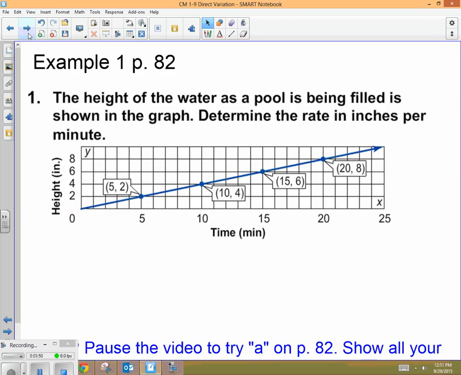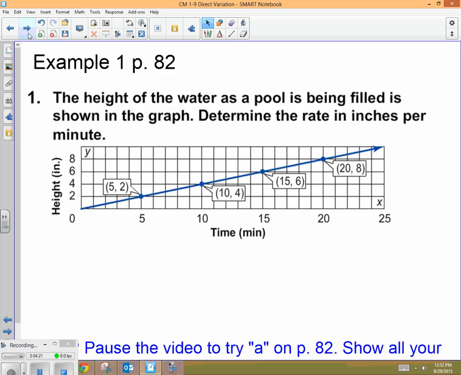Okay, Example 1, page 82. The height of water in a pool is shown in the graph. Determine the rate in inches per minute. So by looking at Example 1, you can see that it's asking us to compare the height in inches to the time.